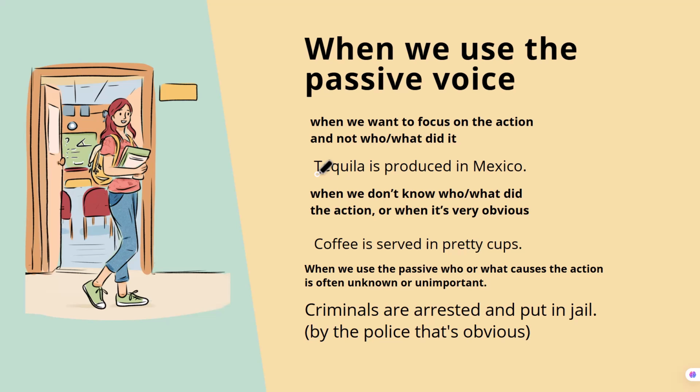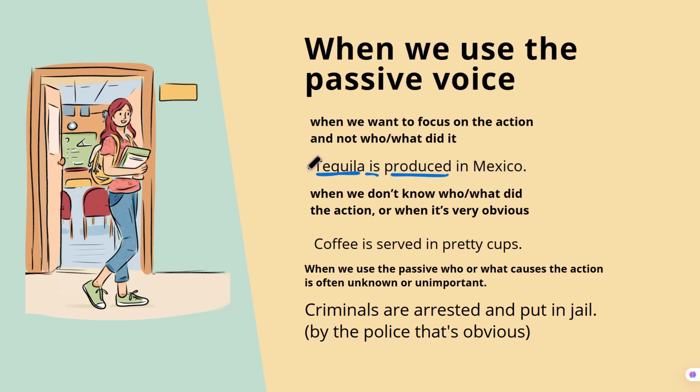What is our subject? Tequila. Very good. What's next? Our verb to be, which remember, is acting as an auxiliary. Then we need our verb in past participle. And then, of course, our complement.